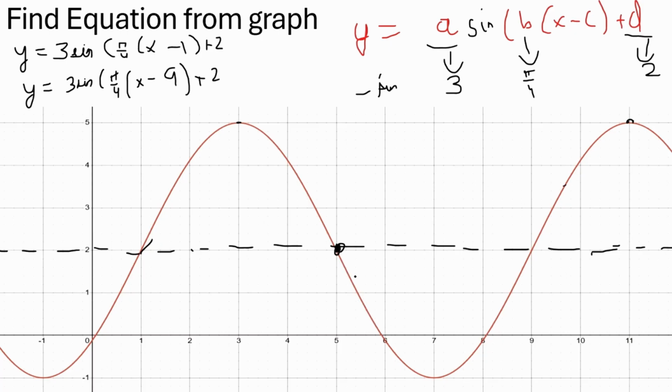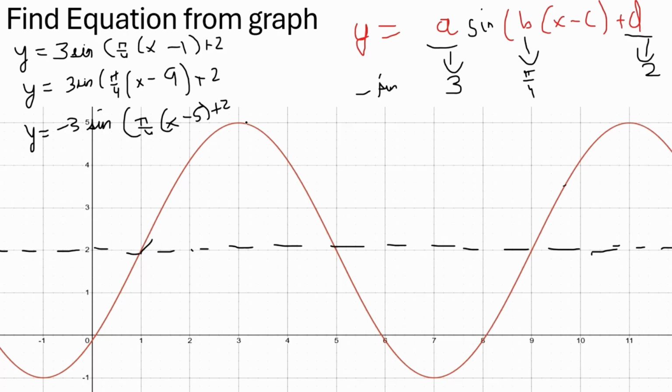So it starts in the middle and goes down, at which point is at 5? So another equation becomes minus 3 sine, because the negative sign just goes with the a. Our a is still 3. So x minus 5 plus 2. That's another equation.